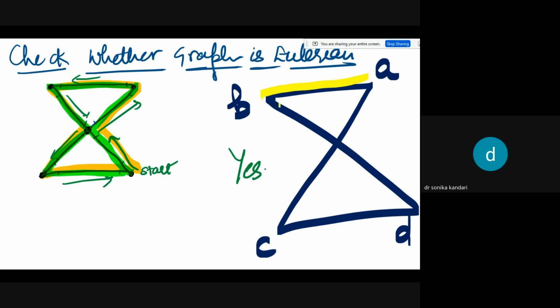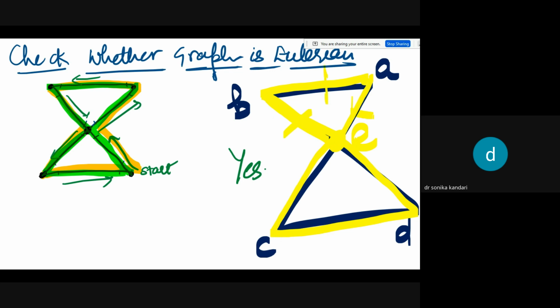Then this is also one of the edges, E. This is vertex E, forming edge BE. Then coming here, see, all the edges are covered. All the edges are covered exactly once.